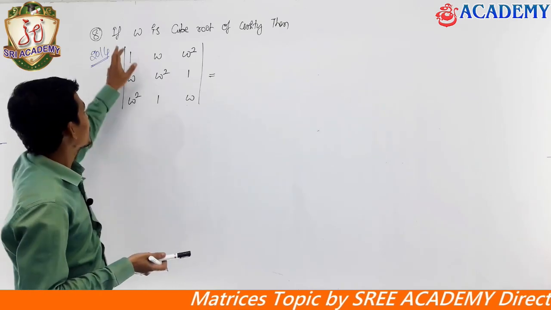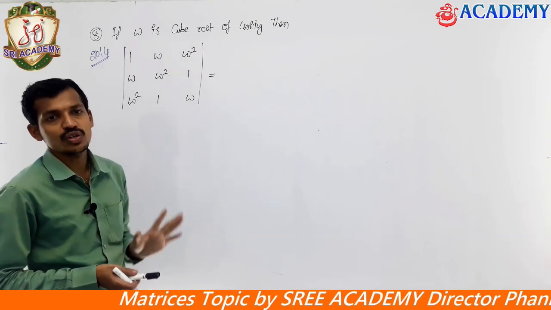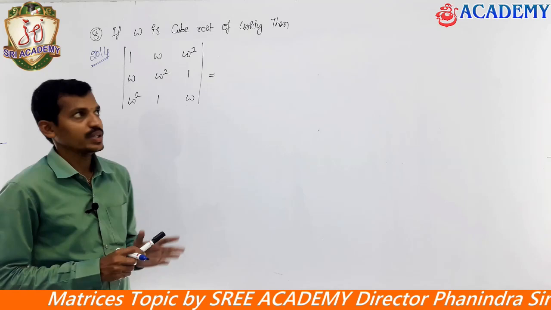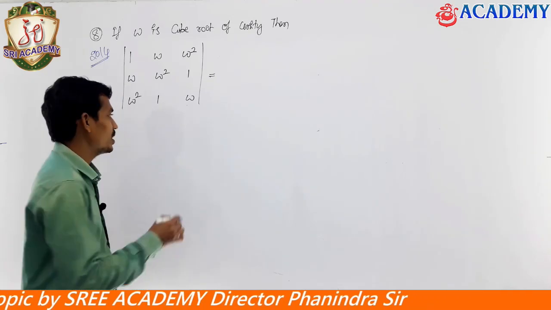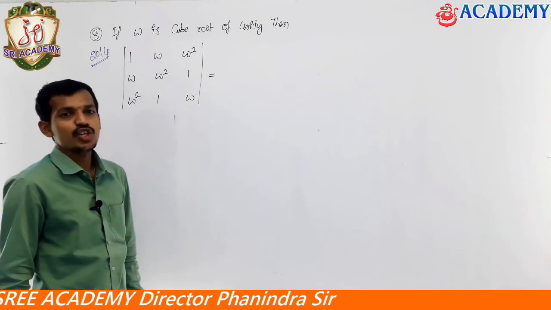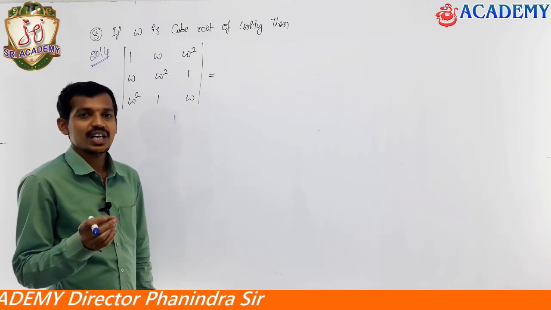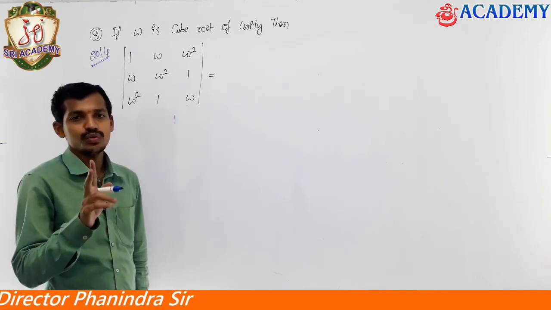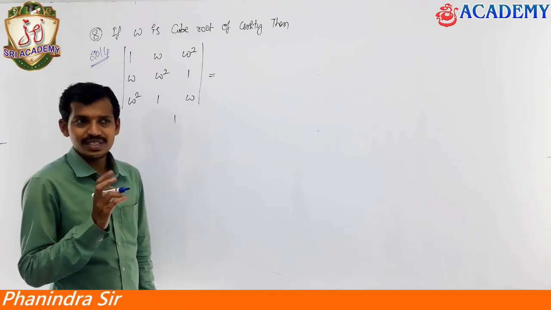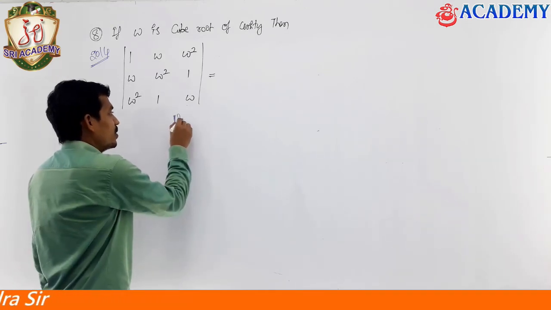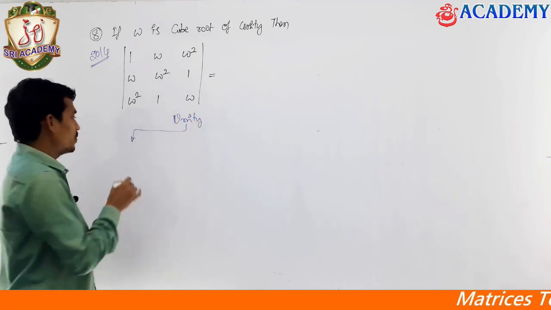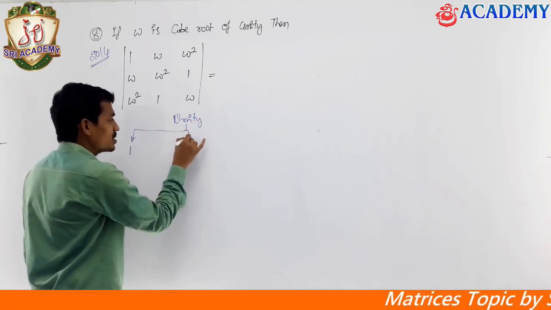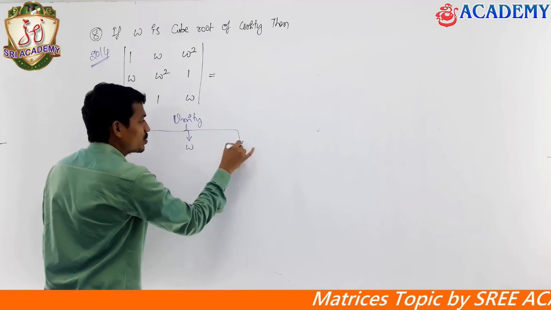Indirectly, if omega is a cube root of unity, then in complex numbers, cube roots means there are 3 roots, and square roots means 2 roots. One is 1, another one is omega, another one is omega square.